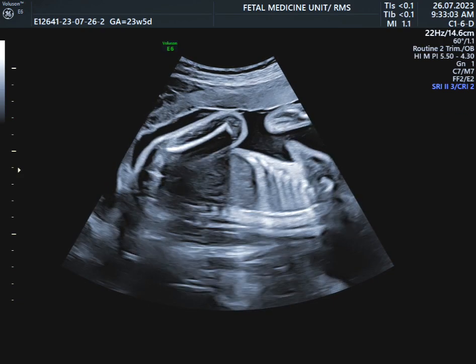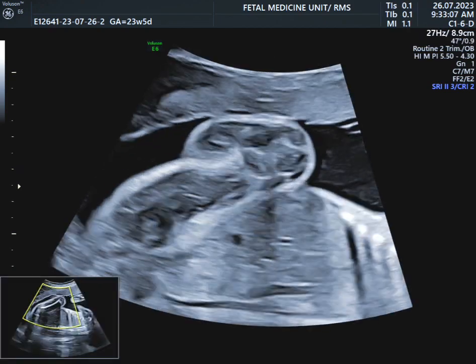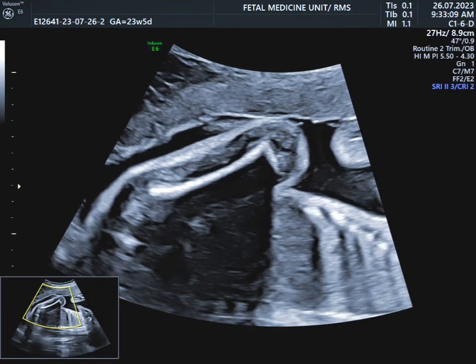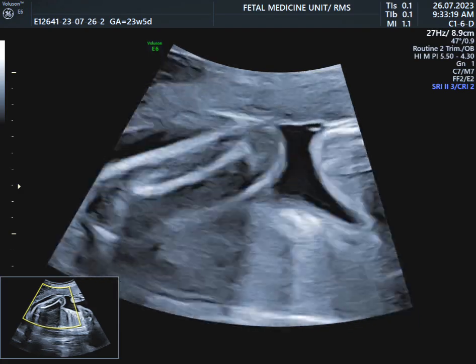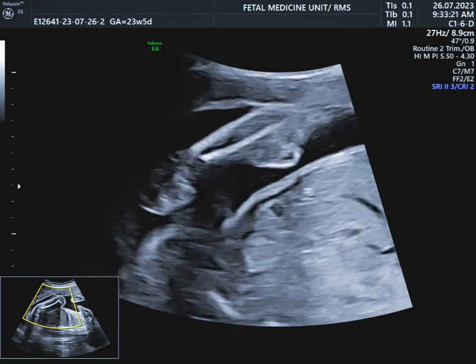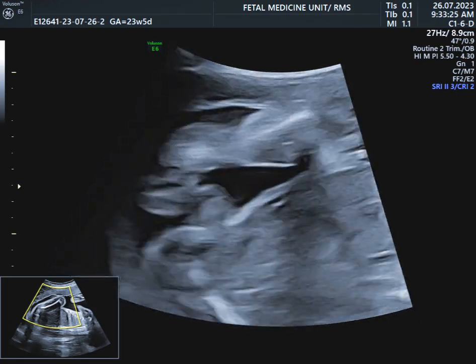This is the femur length. As we see, there is normal shape and normal echogenicity. To be honest with you, it's not the right place. The femur length should be horizontal. I will try to get it properly.